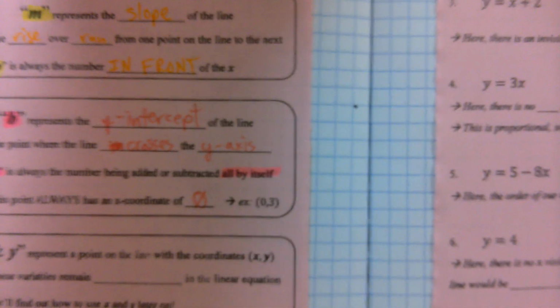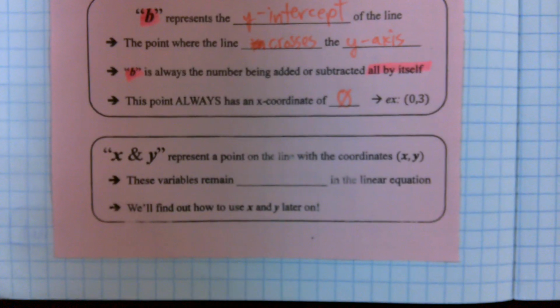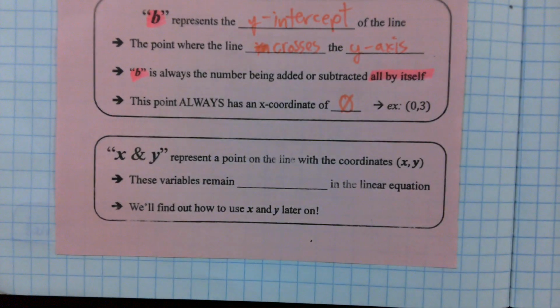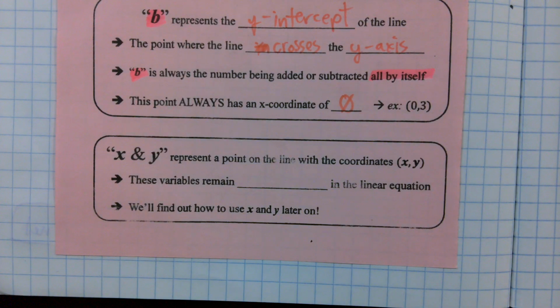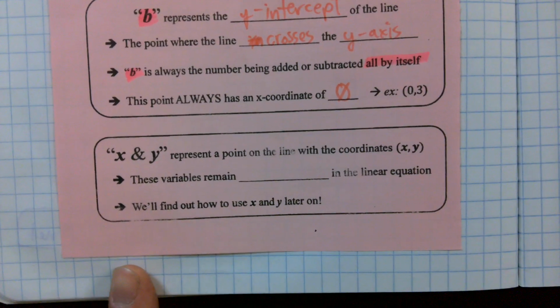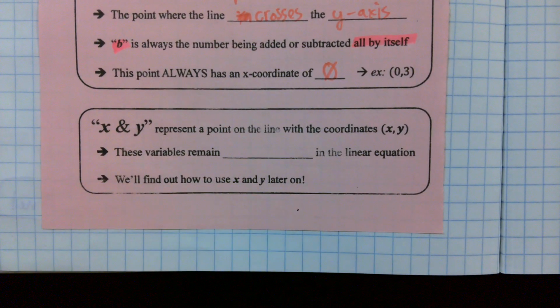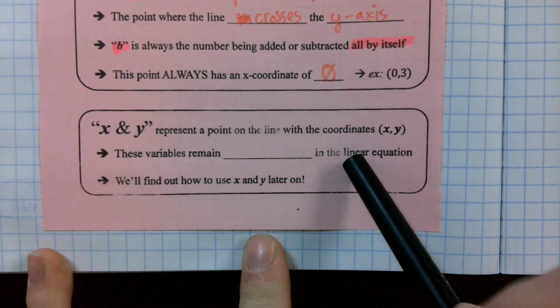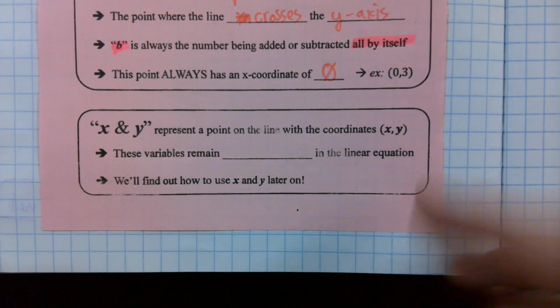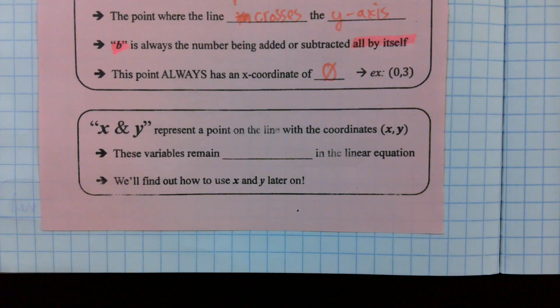Again, it's not as important now. It will be more important later. We're getting all of our background information taken care of right away so that it makes sense. All right? Now, x and y, like I said, not as important right now. They're going to represent a point on the line because we've got the coordinates x, comma, y. Right, fellas? Yes. Right?